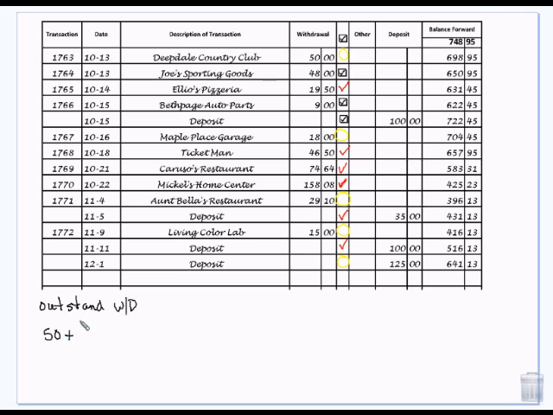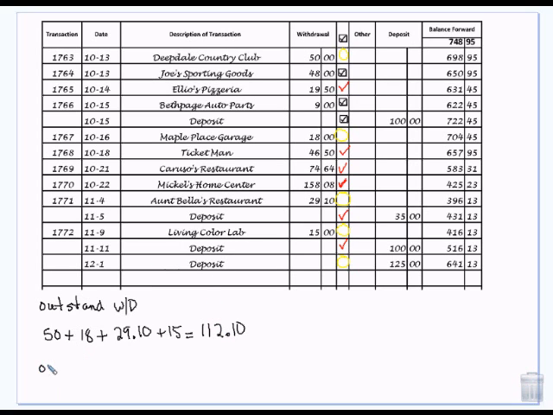So I have 50, I come down, I have 18, I come down, I have 29.10, and then I come down and I have 15. And when I add that all together, I get 112.10. Okay, so these are withdrawals that haven't shown up yet.